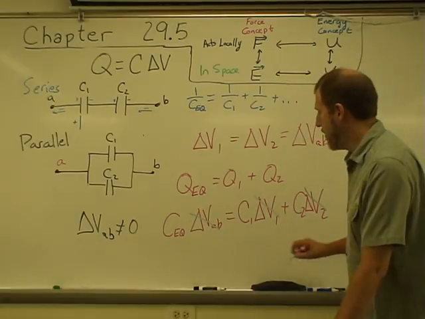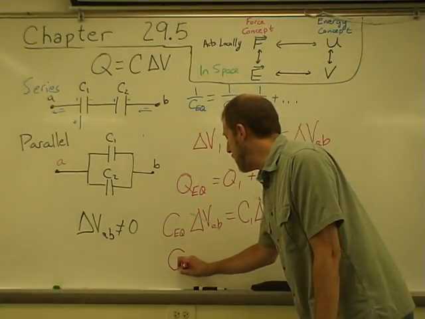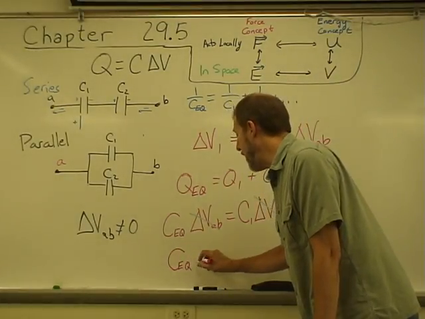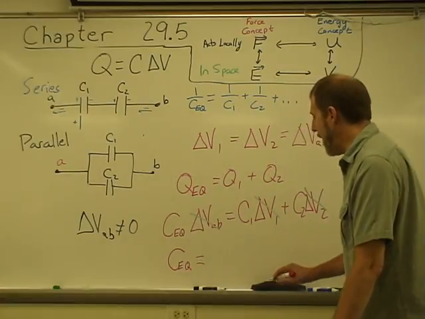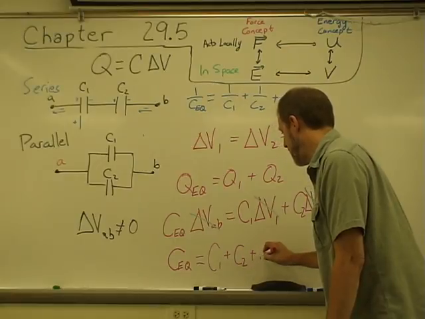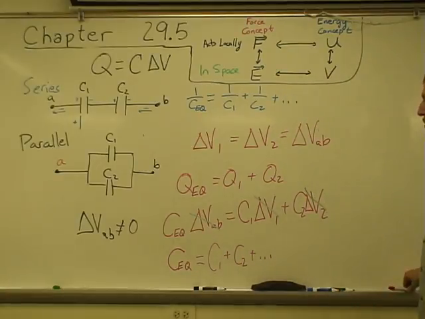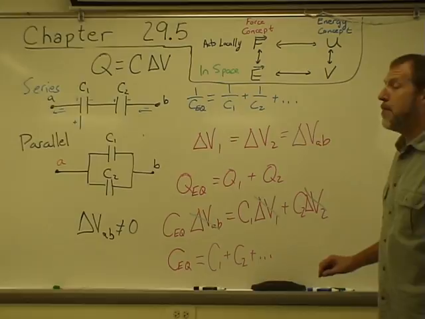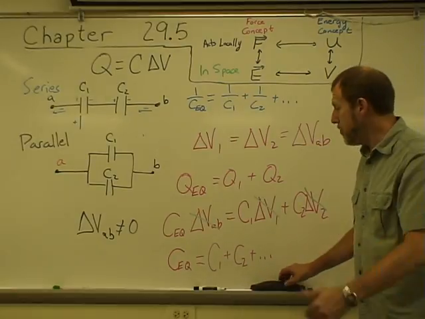So I can write that for any number of capacitors in parallel, the equivalent capacitance is equal to the sum of the capacitances of all the capacitors involved.